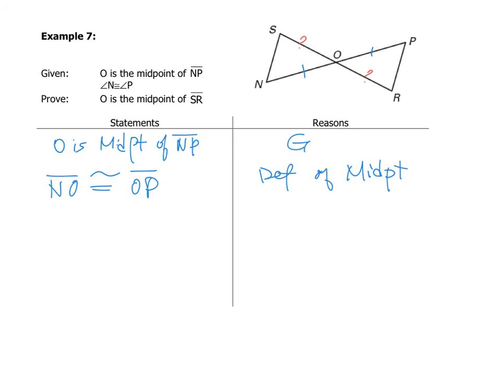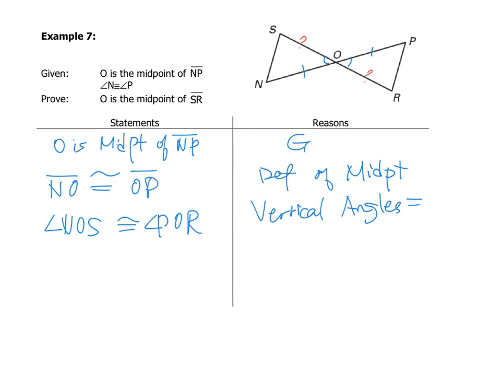And then secondly, we also know that angle NOS must be congruent to angle POR, and that's because they are vertical angles, and by the vertical angles congruence theorem, they must be congruent.